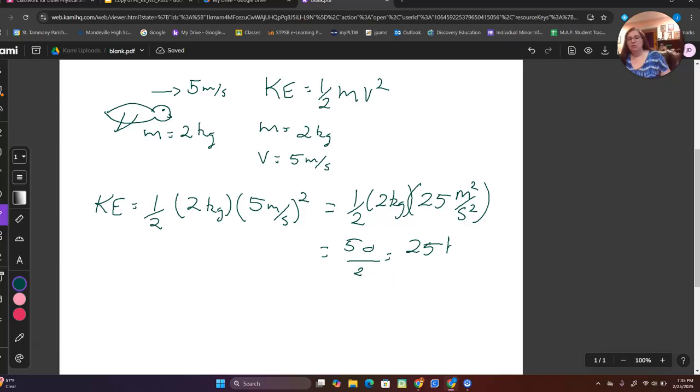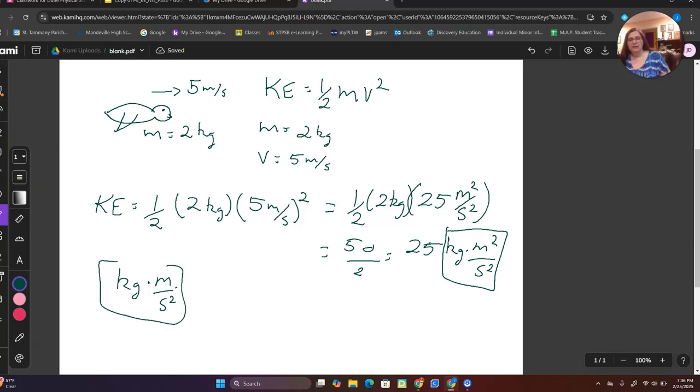I've got kilograms times meters squared over seconds squared. Now, if we take this unit and separate it out a little bit differently, I've got kilograms times meters per second squared. I know that is a newton, times meters.